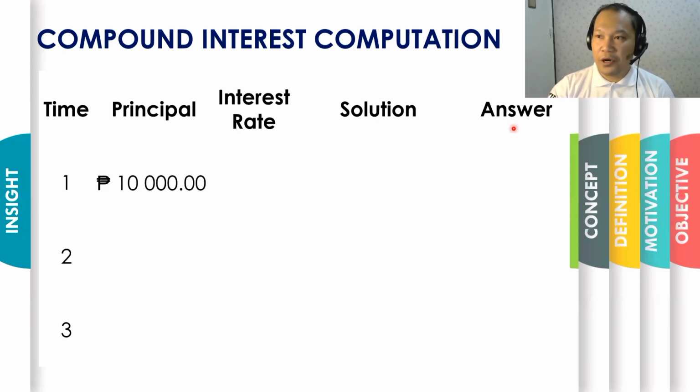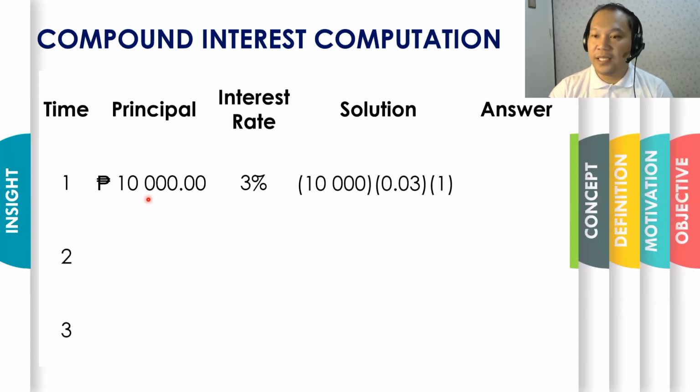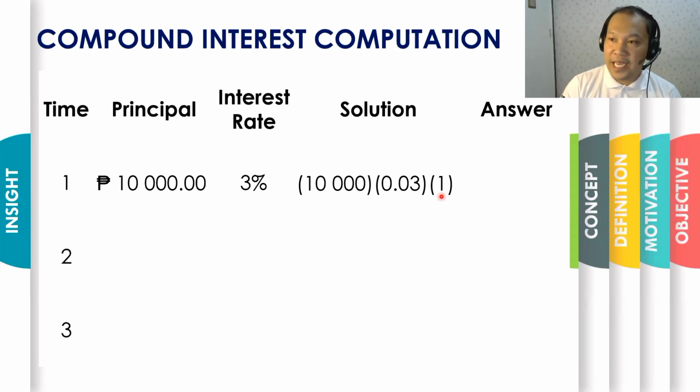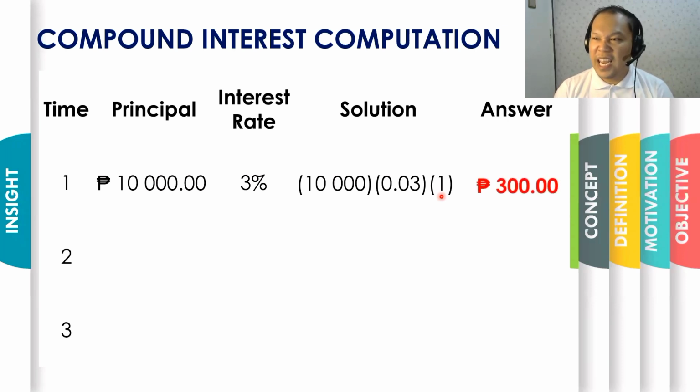On the first year, the principal amount is 10,000 and then the interest rate will be 3%. Therefore, 10,000 times 0.03 times 1. Thus, the interest earned after 1 year, compounded 1 year, will be 300 pesos. Same with the first year of Peter.